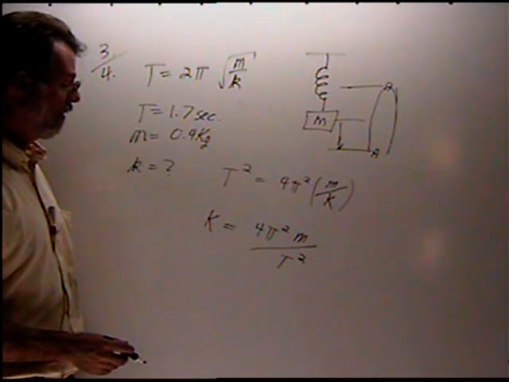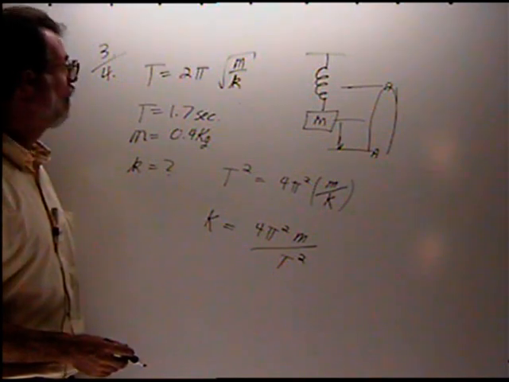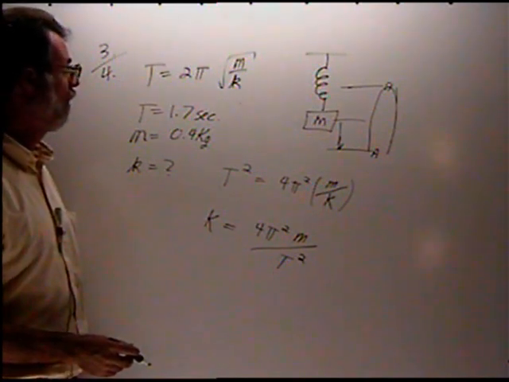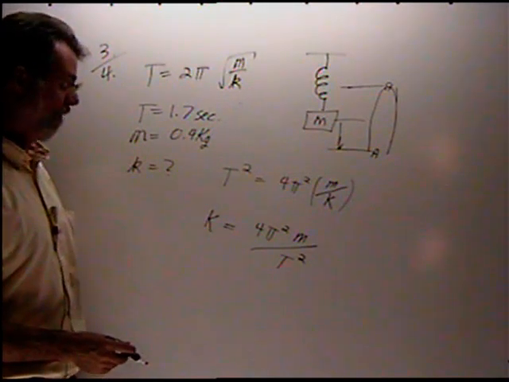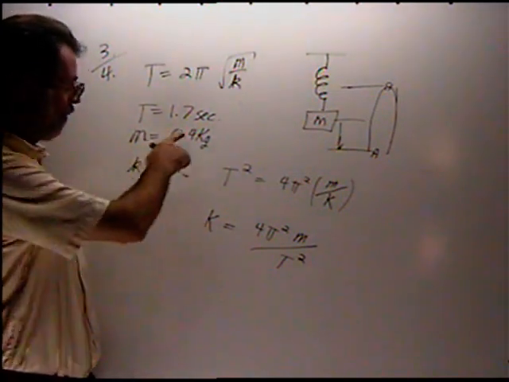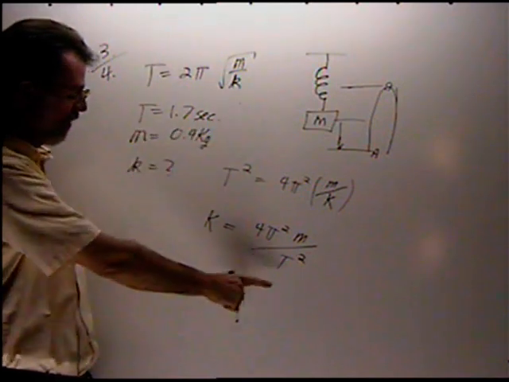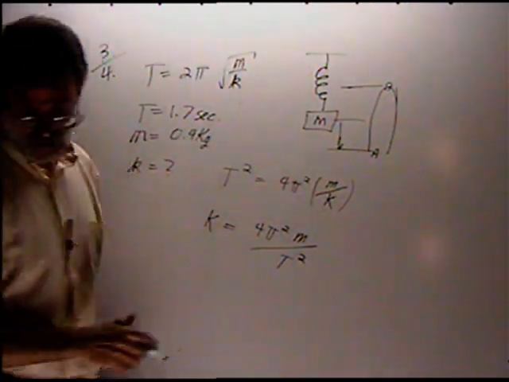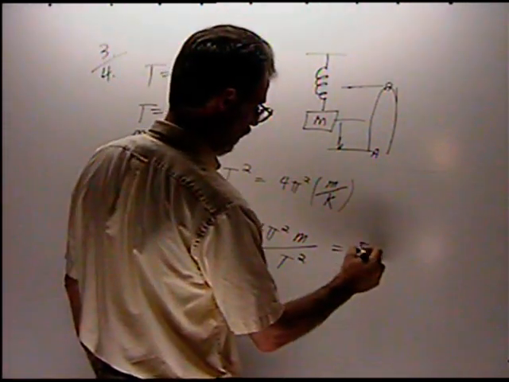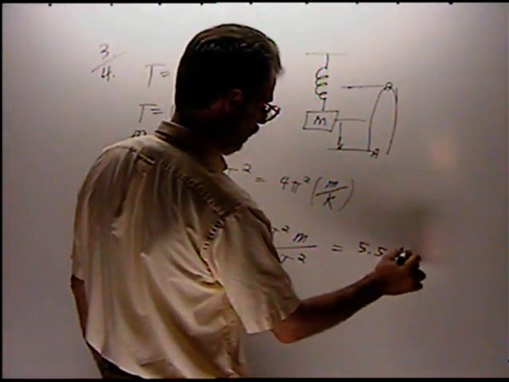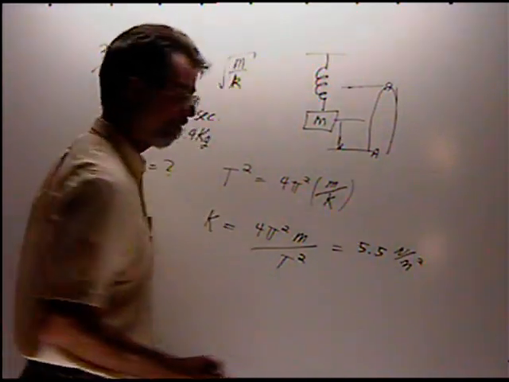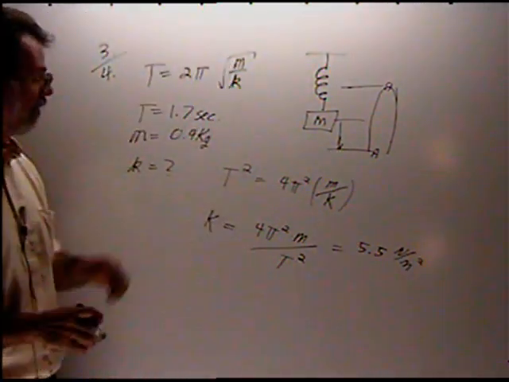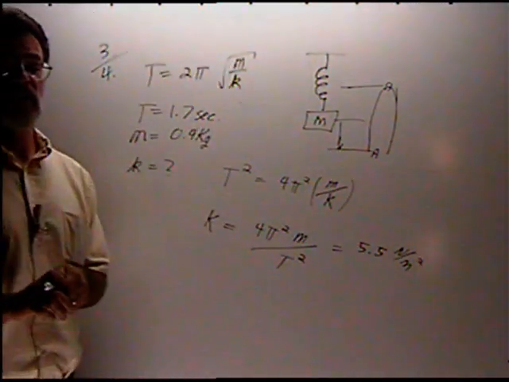Is that right? Yes, that's right. So you simply plug in your mass, your T squared, and the constant, and I'm not going to work it out, but the constant should come out to 5.5 newtons per meter. I'll let you work out the details.